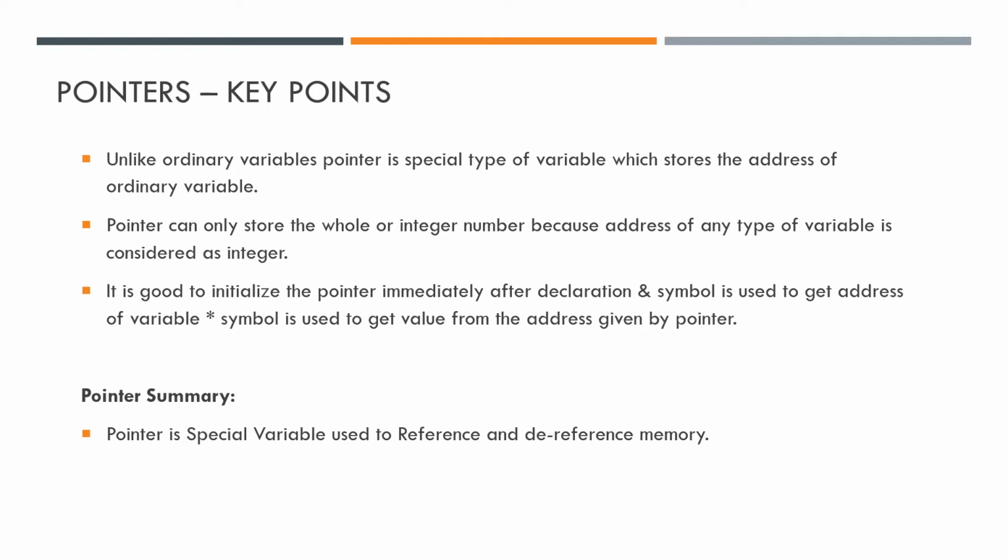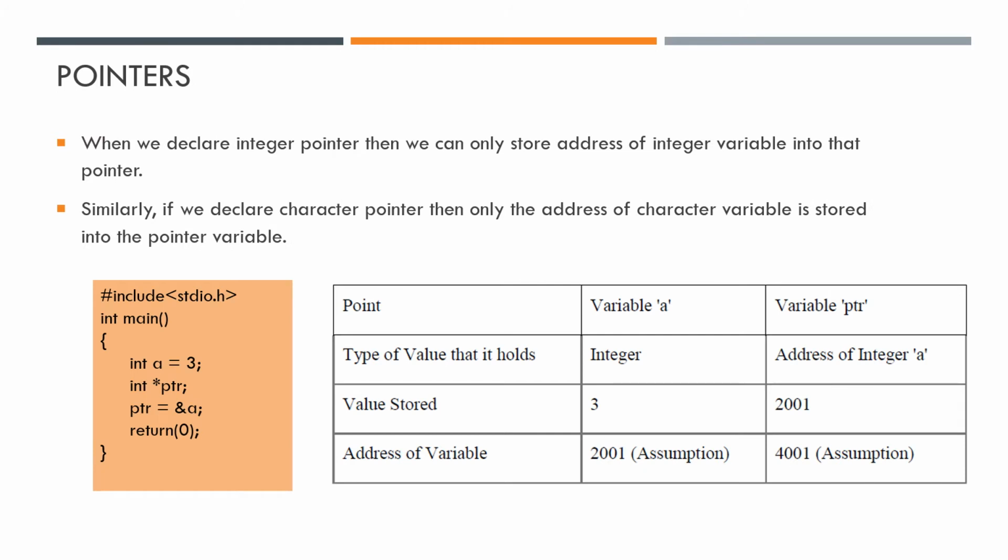Pointer summary. A pointer is a special variable used to reference and dereference memory. When we declare an integer pointer, we can only store the address of an integer variable in that pointer. Similarly, if we declare a character pointer, only the address of a character variable is stored in the pointer variable.